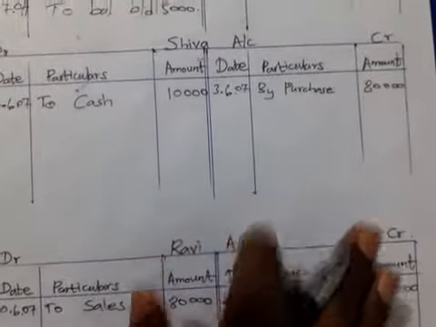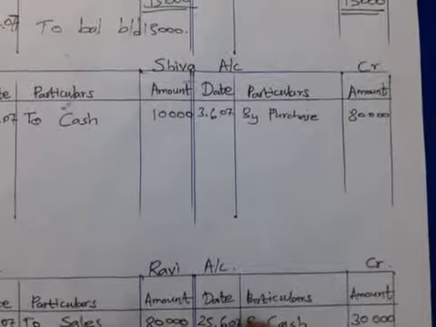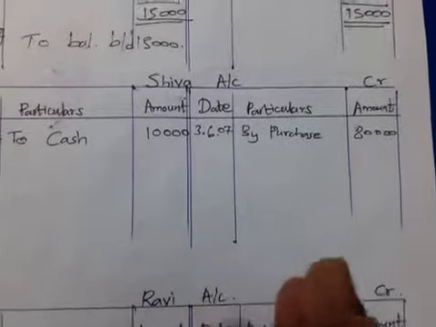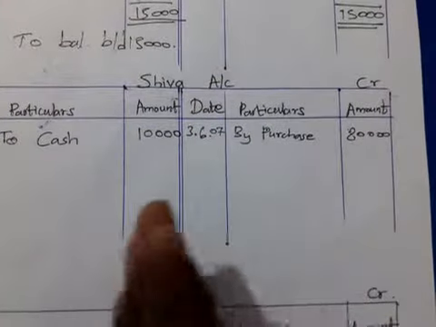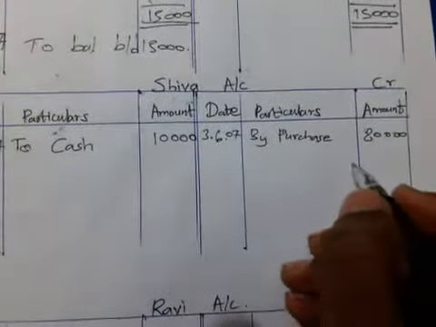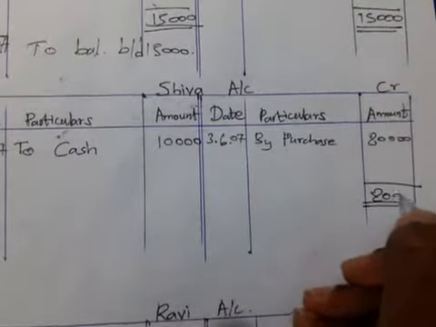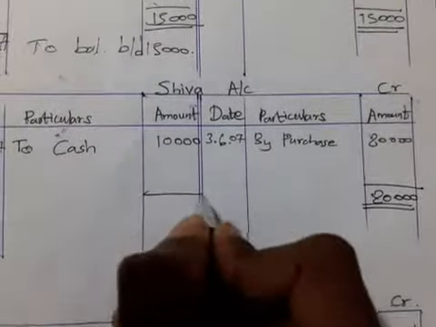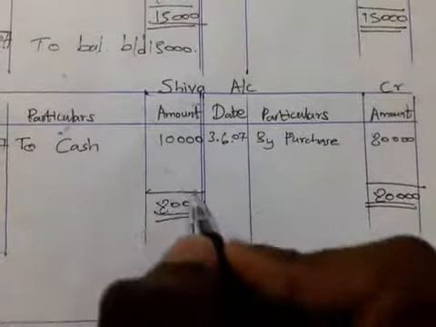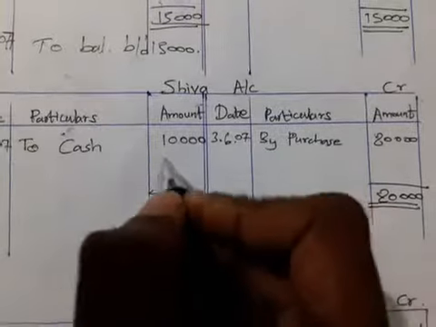In this case, the Shiva account, we find the amounts on both sides. We have to take the maximum amount from whichever side we get it, and record that amount on both sides. So on the debit side we find 10,000. On the credit side we find 80,000. So we have to record 80,000 on both sides. We have to balance. Whichever side we find less amount, we have to balance on that side.